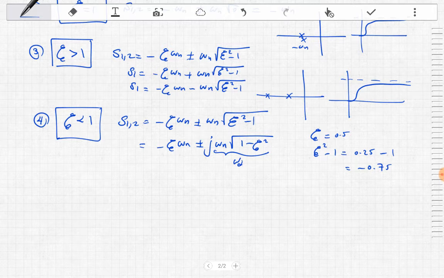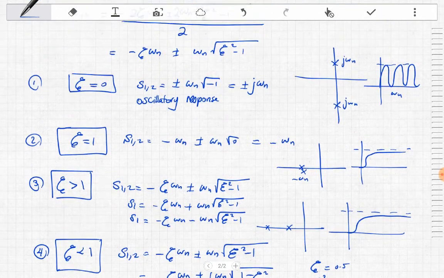So when I sketch, it's a damped oscillation, smaller than the oscillation in the oscillatory case, and the frequency of this oscillation is omega d, which is omega n times the square root of 1 minus eta square, as I explained last time. So that will be underdamped.